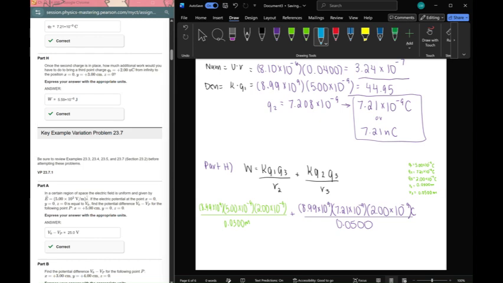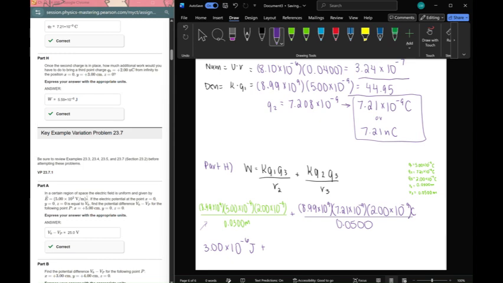So for the first one, I got 2.99666 e negative 6, so I rounded it to 3.00 times 10 to the power of negative 6 joules.